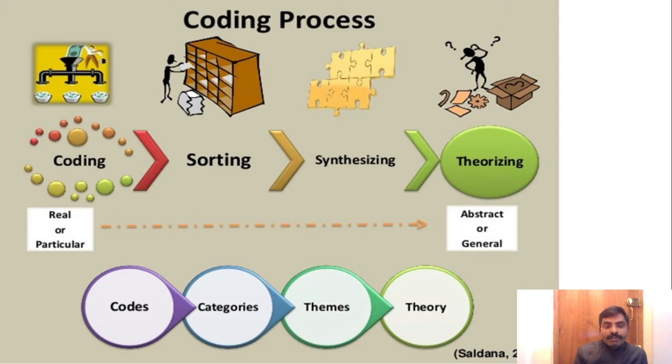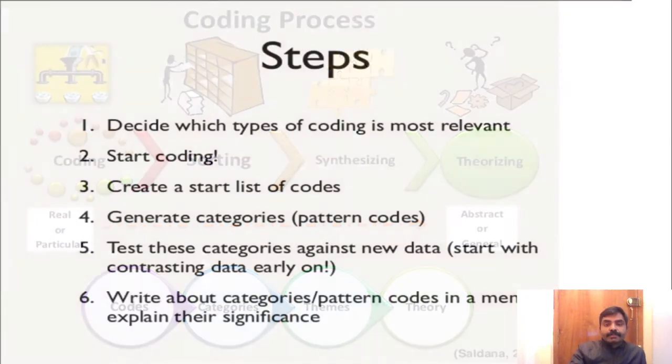With the help of this, the particulars become abstract or general. With the help of coding, it helps in generalizing things. Through codes, things are categorized, then they become themes, and themes can be converted into a theory easily.